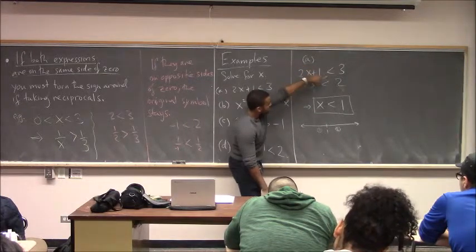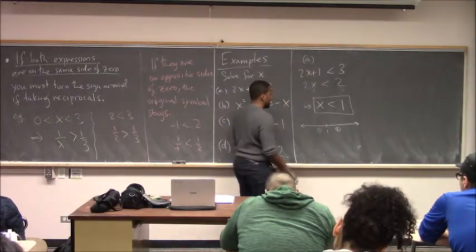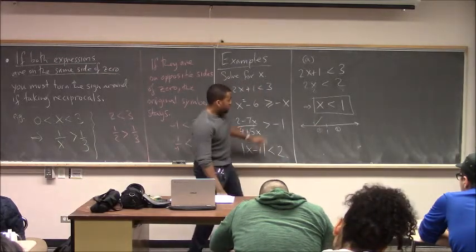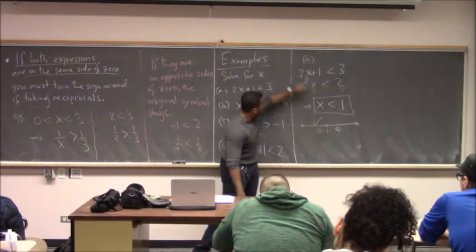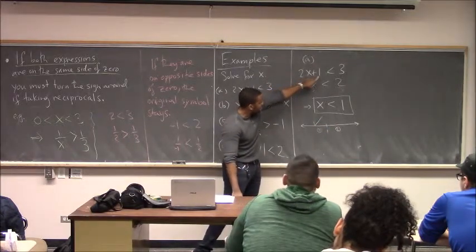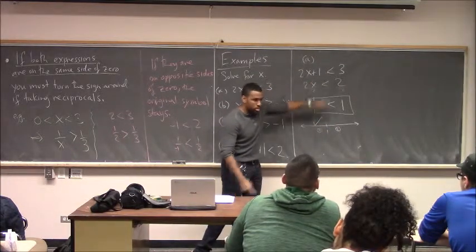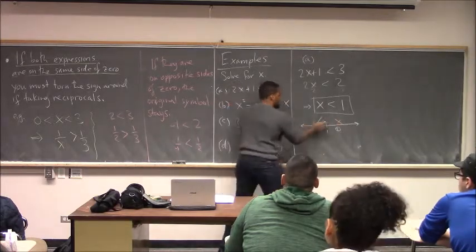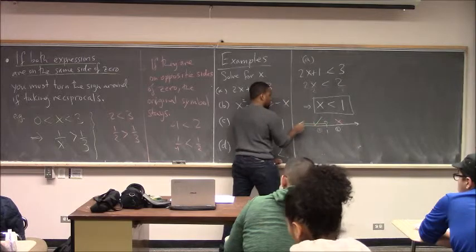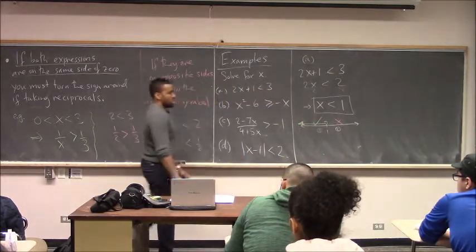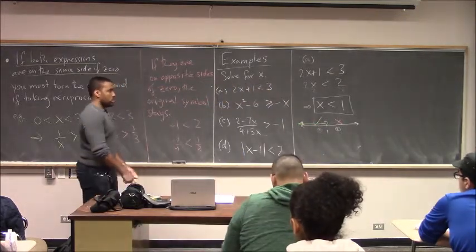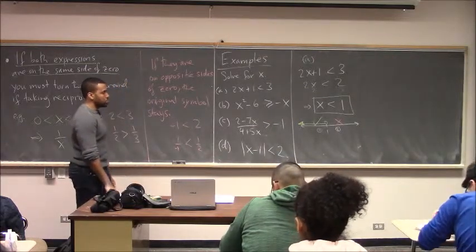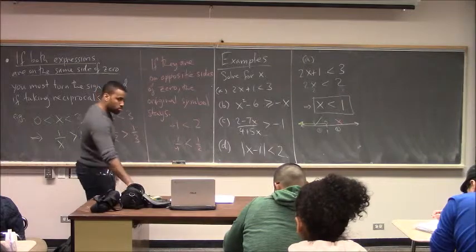That says 1 is less than 3. That is actually a true statement. Versus if I plug in something on this side of 1, 2 times 2 is 4 plus 1, that's 5. 5 is not less than 3. So it is clear that this side is what gives us the answer. All values that are less than 1 will solve that inequality. So this one is the very easy case.